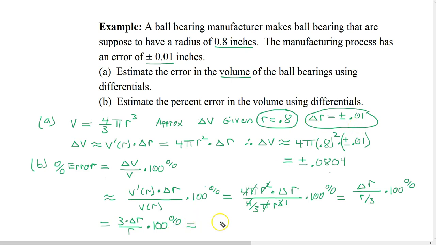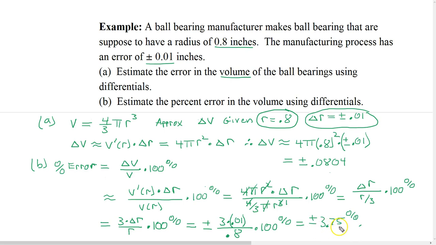So we plug this and this in here, and we get that this is going to be plus and minus 3 times 0.01 divided by 0.8 times 100%, and evaluating that on our calculator, that comes out to be plus or minus 3.75%. So that's our approximation to our percent error.